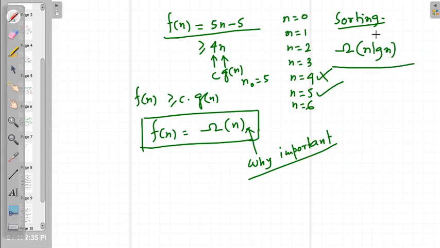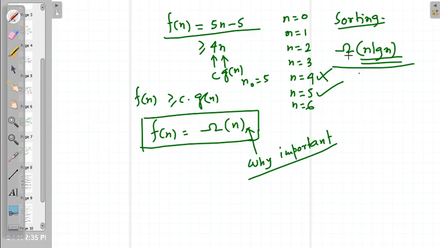The implication of this is that no matter how you are trying, in a general sense, the comparison based sorting will be taking greater than or equal to n log n time. So that will be the implication whenever we are having this.